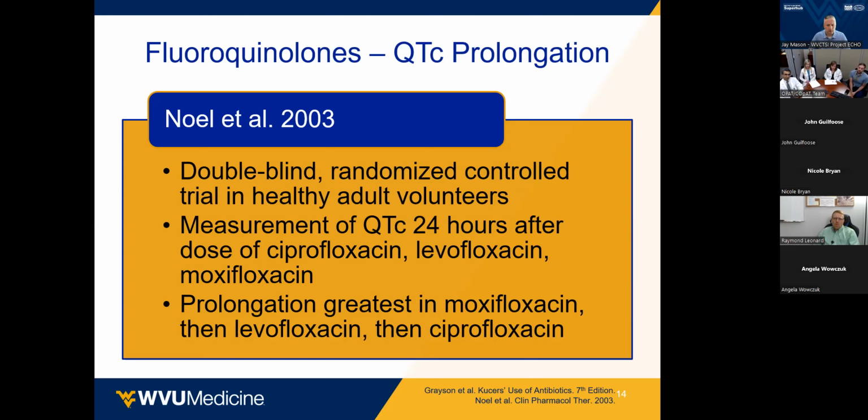They administered single, one-time doses of 3 different fluoroquinolones to patients, and then measured their QTc interval 24 hours after receiving doses of those 3 fluoroquinolones. What was observed was that prolongation was greatest in moxifloxacin in this case, whereas levofloxacin and ciprofloxacin were slightly shorter.